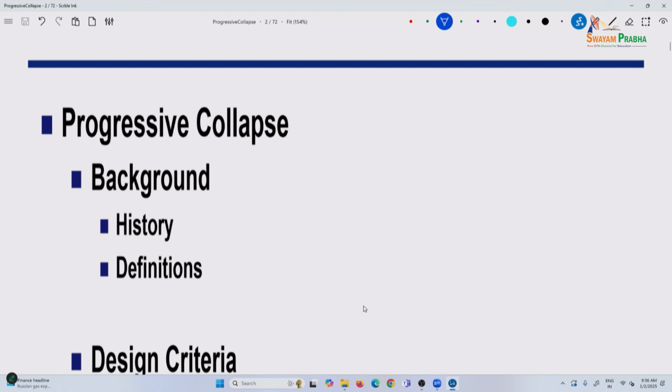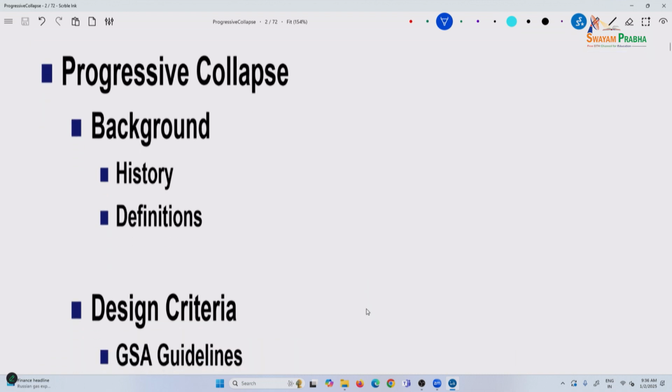So, I will start with the history and definitions. For progressive collapse, as we know, this results in significant, if not the entire building damage. We'll talk about design criteria, a little bit about the history, and there are some definitions that we will look at.